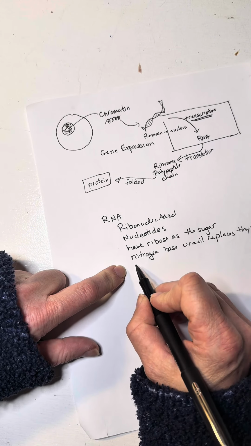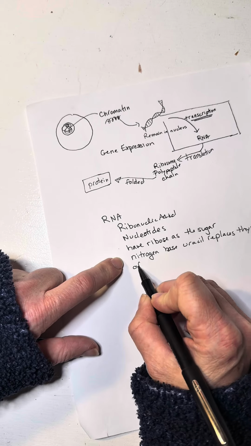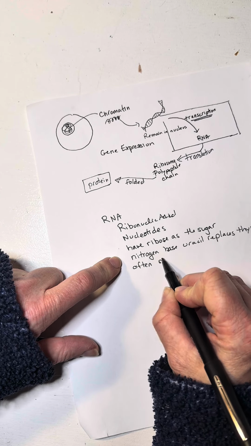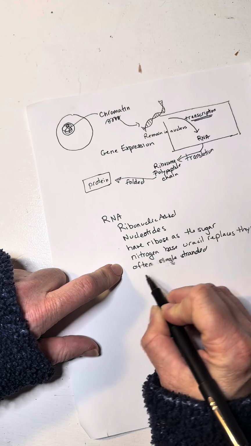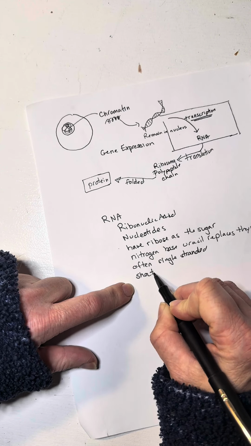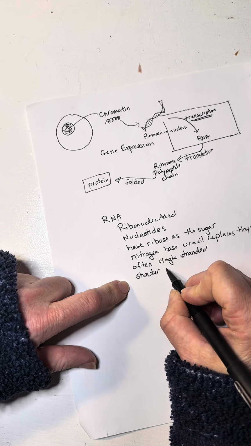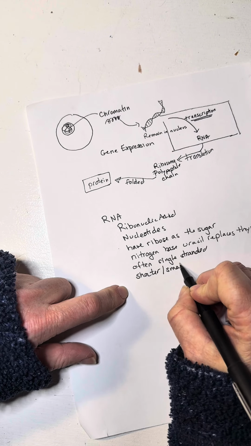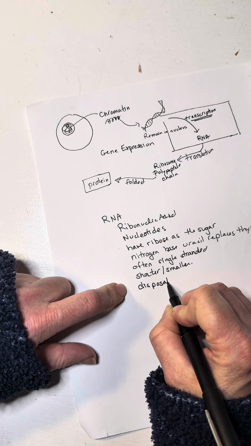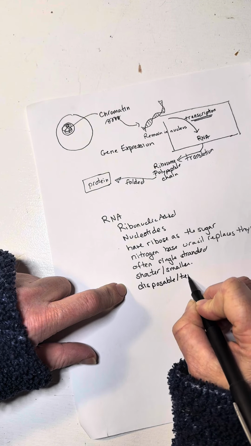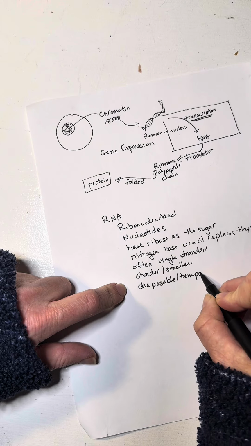RNA, when compared to DNA, is often single-stranded, but not always. It's much shorter or smaller, and it's temporary in nature, so RNA can be disposed of. The copies we make don't have to last forever.